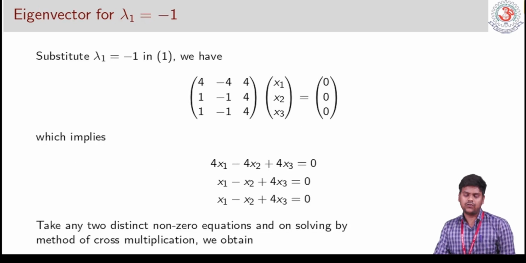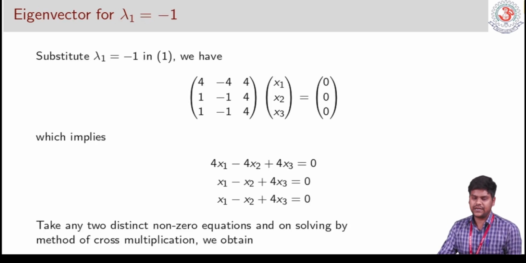Now we are going to find the corresponding eigenvector for lambda equal to minus 1. So to find the eigenvector for lambda equal to minus 1, we need to put minus 1 for lambda in the definition.